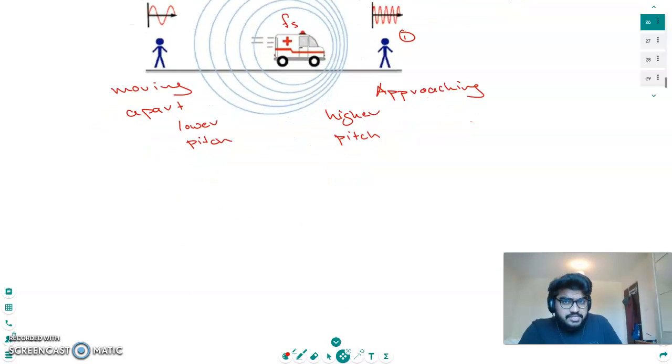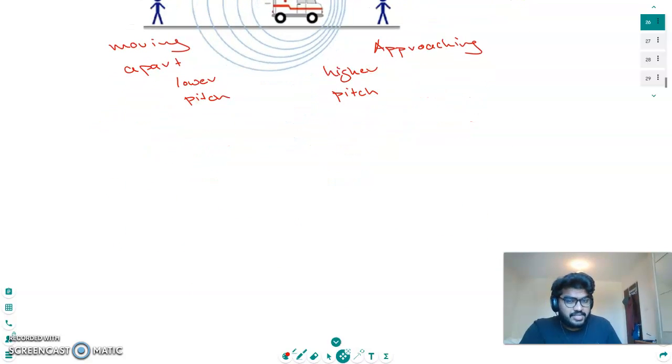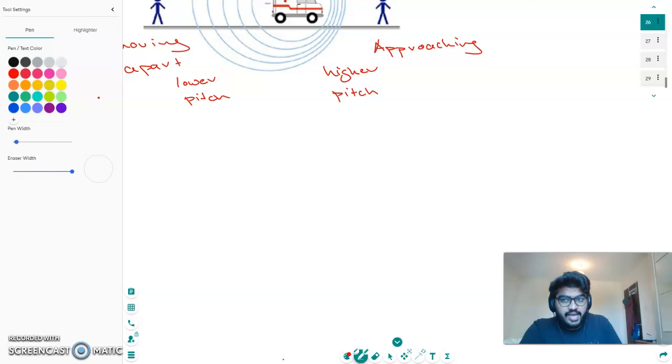Now, how does this apply to stars that I mentioned earlier? So let's say we have this orange star. Now, then there is you, the student. Now with stars, it's the same idea, but now when the star is moving towards you, its waves get compressed in the same way.